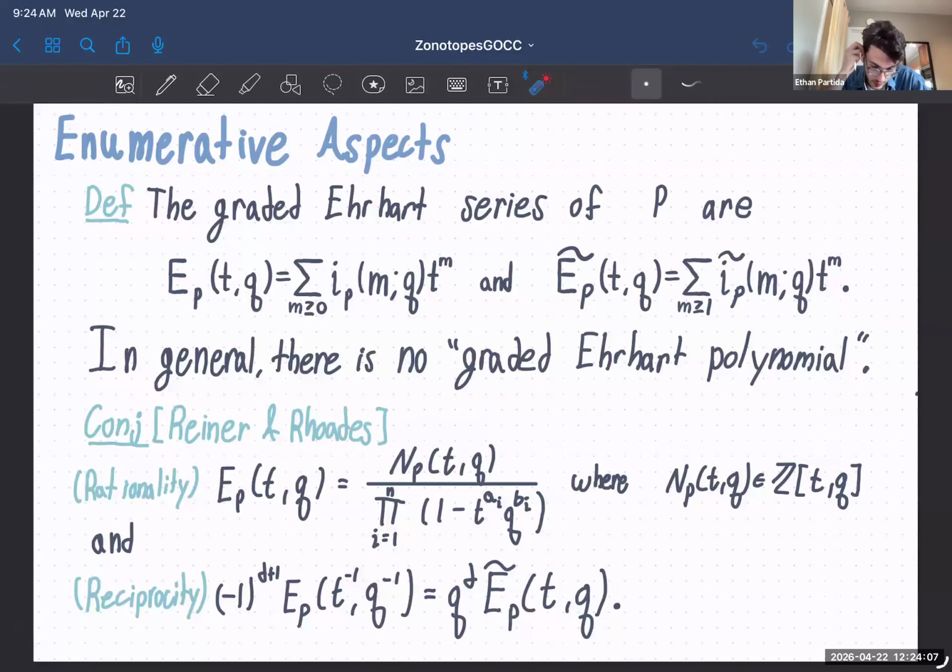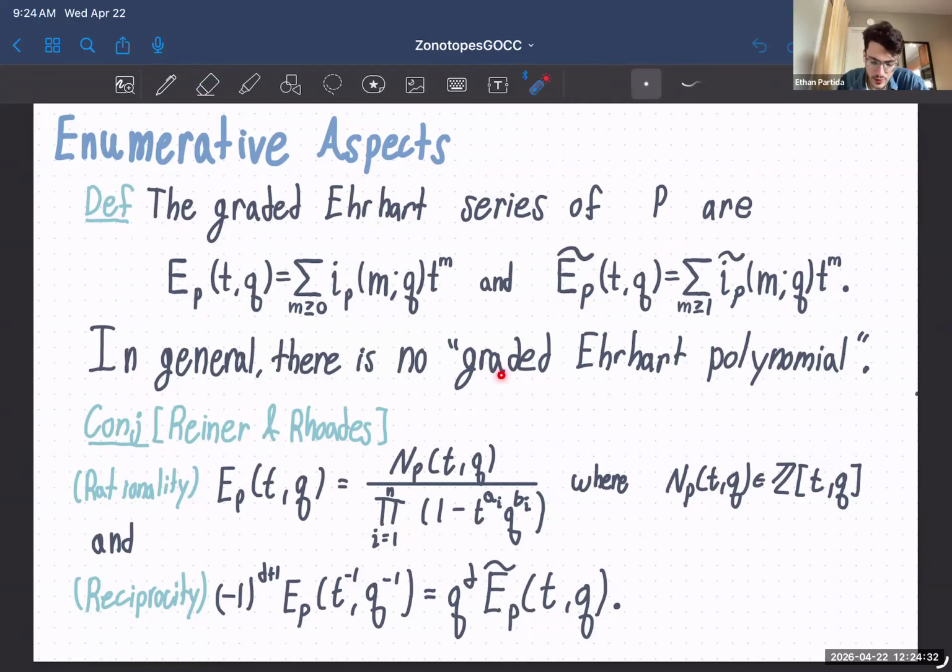And so with this definition in mind, we could define a graded Ehrhart series, which will just be a generating function now in 2 variables, where the coefficient on t to the m will keep track of the graded lattice point count of the mth dilate, completely analogous to the ordinary Ehrhart series. And same thing for this interior Ehrhart series.